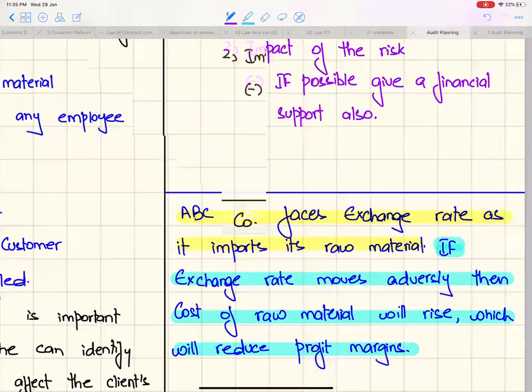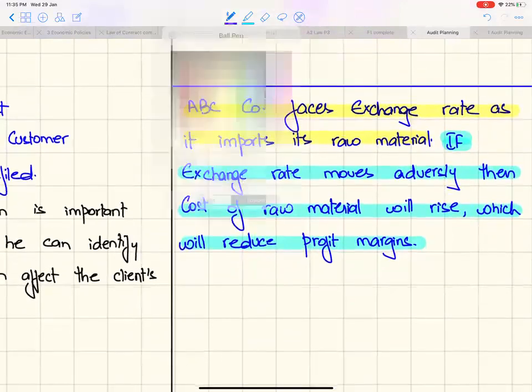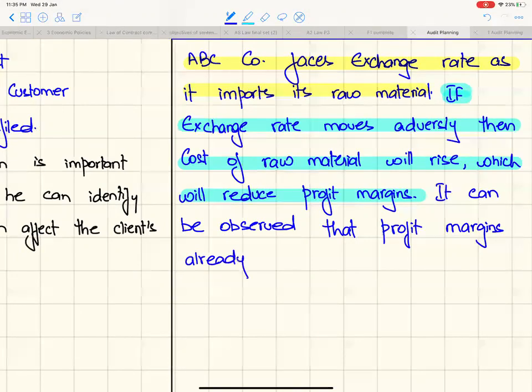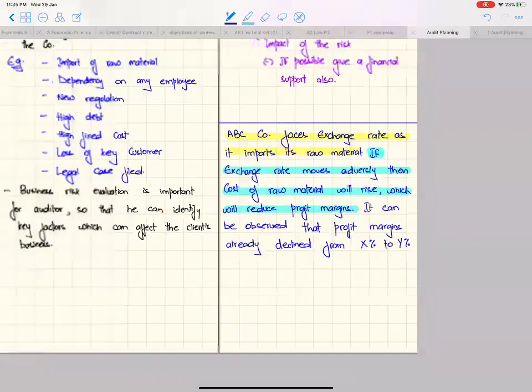Now, you can write here that it can be observed that profit margins already declined from X percentage to Y percentage. Now, this part is called the financial support part.